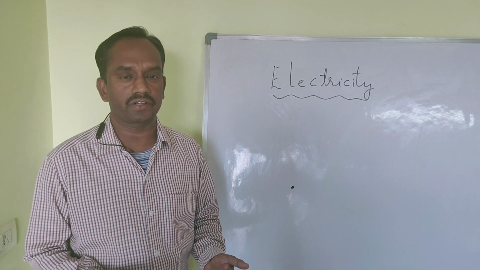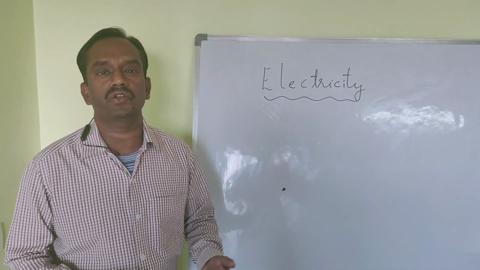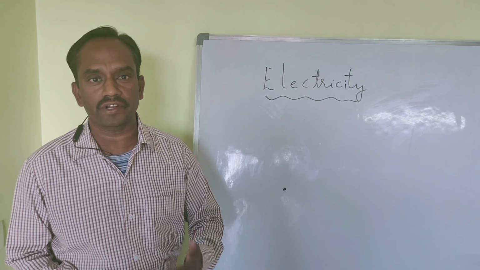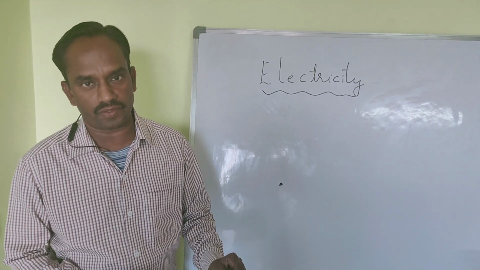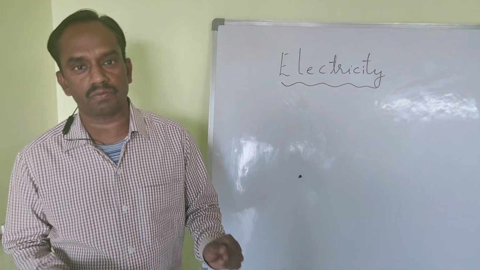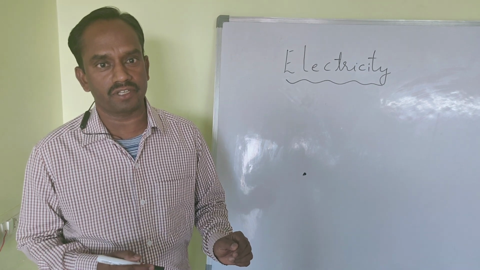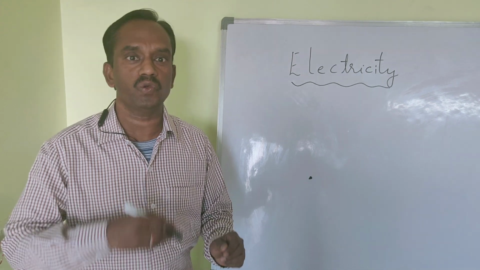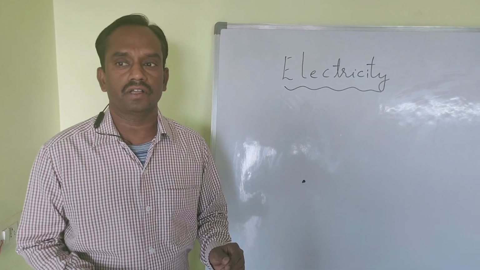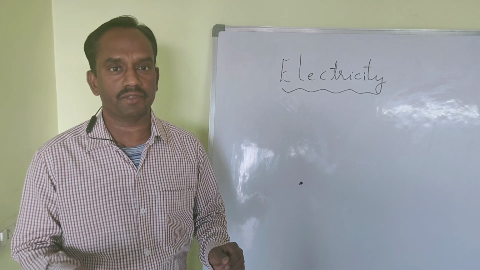But, for example, when we take two non-conductors, that is insulators, a glass rod and a silk cloth, and suppose I rub the silk cloth with the glass rod, the glass rod will lose electrons to the silk. So what happens here?